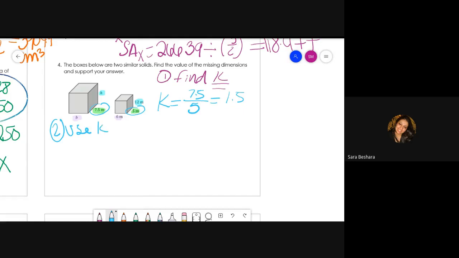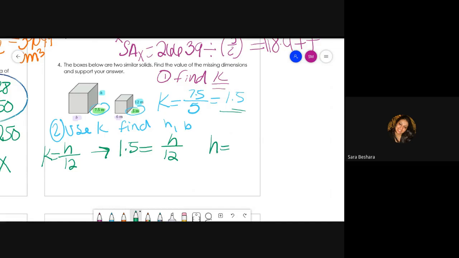Now, use that k to find the missing dimensions, h and b. How? I'll show you one. I did bigger over small, so always go from the big solid to the smaller solid. H over 12 is equal to k. What's k? 1.5. H is on the top, so multiply.